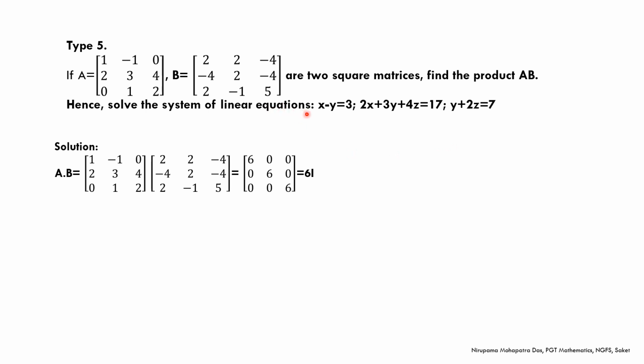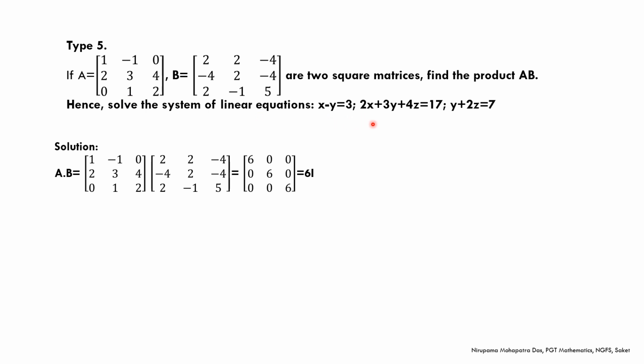Now coming to the second part, and please observe, what is the coefficient matrix? 1, -1, 0. Here you will see that this coefficient matrix matches with which one? A or B? Here look: 1, -1, 0, 2, 3, 4, and 0, 1, 2.